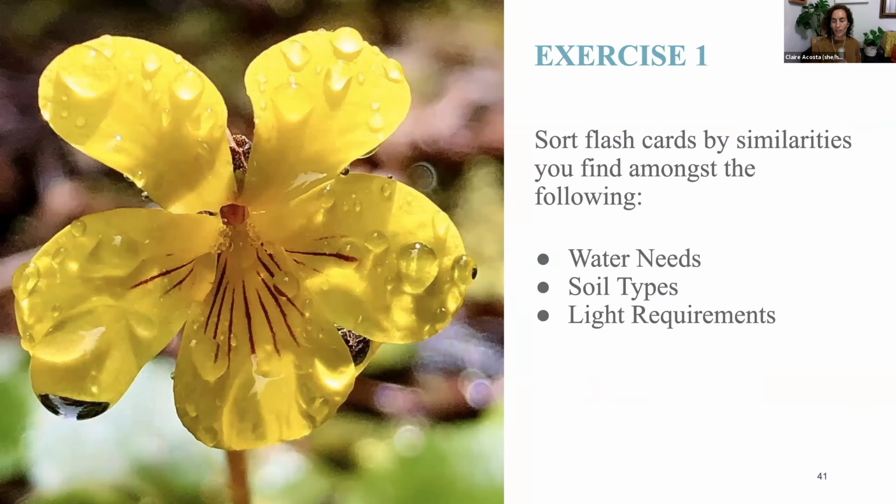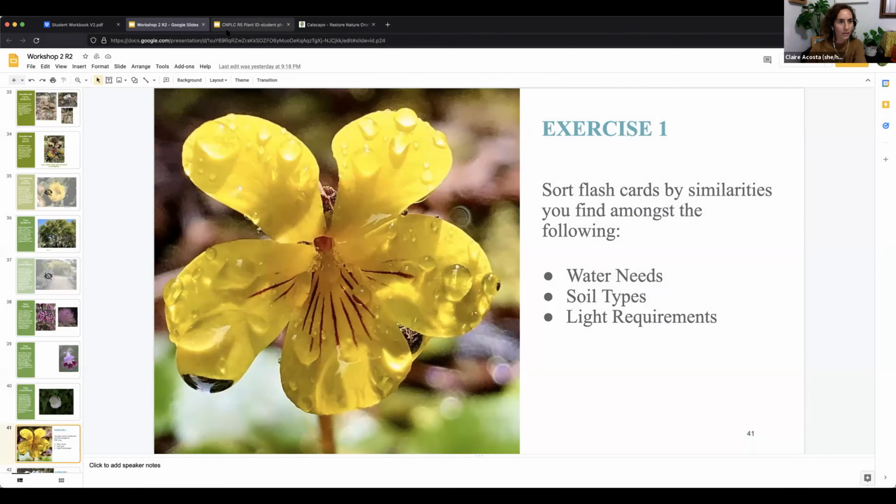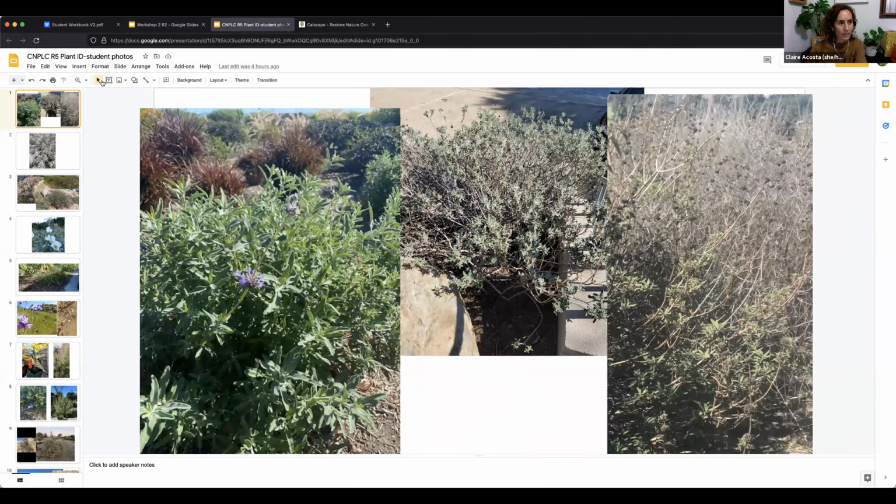Sort the flashcards by, say, water needs or sun requirements, so that you can create a plant community on your own, because that way you can see the plants together, like, these are all the sun-loving plants that would do really well together. I also recommend looking up all the slow draining soil ones, and you'll notice they're usually from a riparian community, and that makes sense because they're used to slower draining soil or having wet feet. So I really recommend this if you want to get to know the plants and who goes well together.